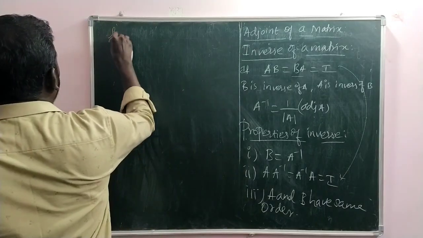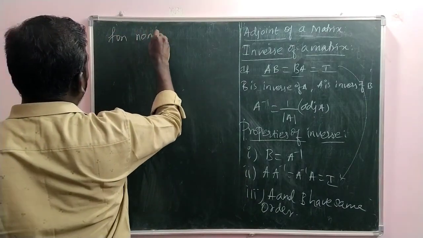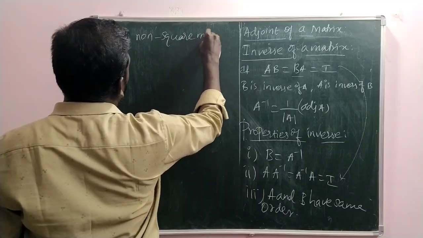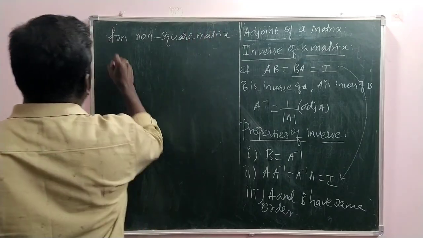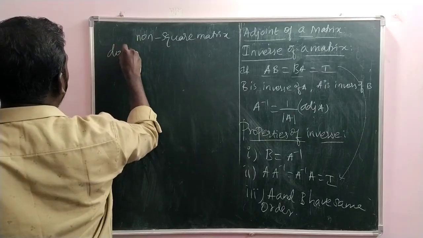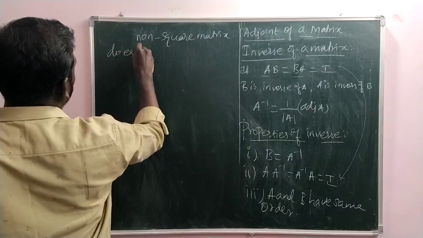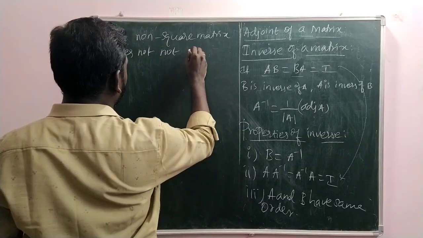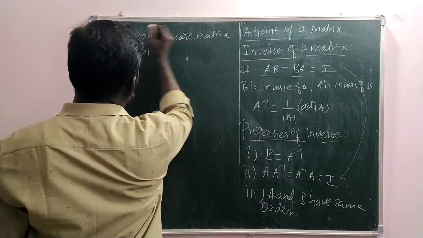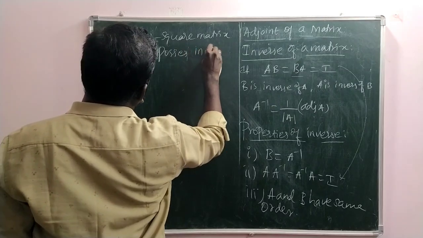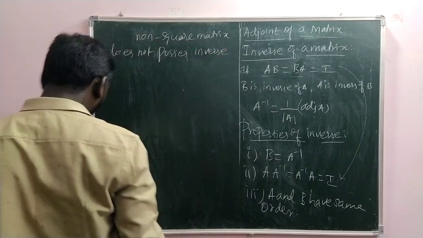Also, a non-square matrix does not possess any inverse. We cannot find an inverse for a non-square matrix. Okay.